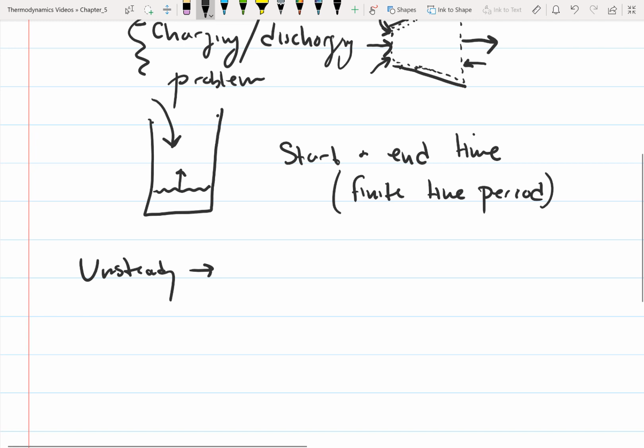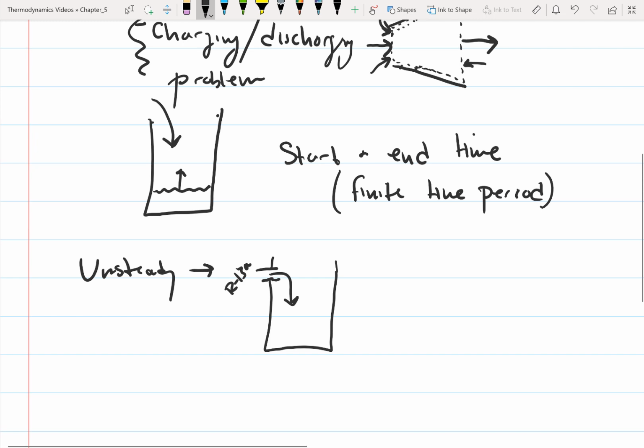So for instance, let's say that we have a container that we're filling up. So we have a pipe coming in, and let's just say that we have refrigerant.